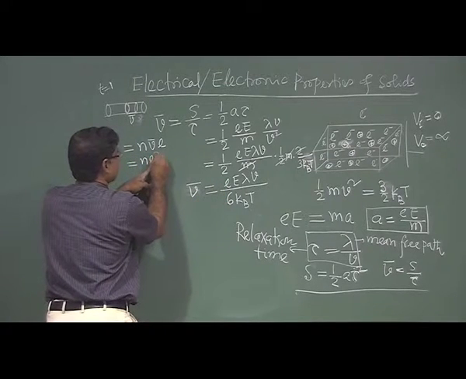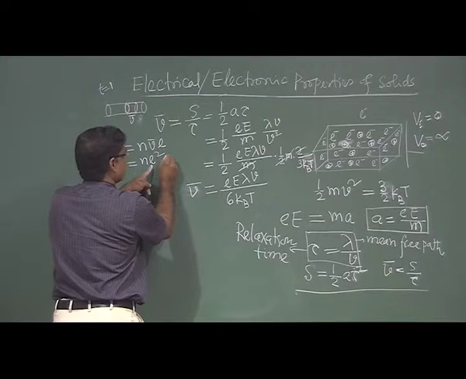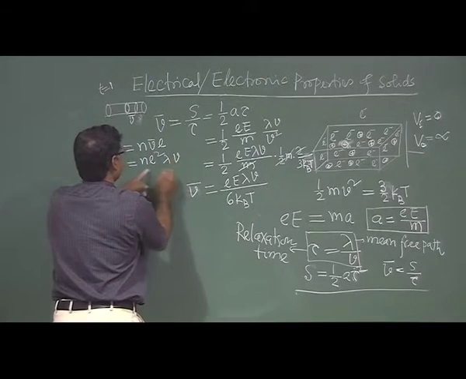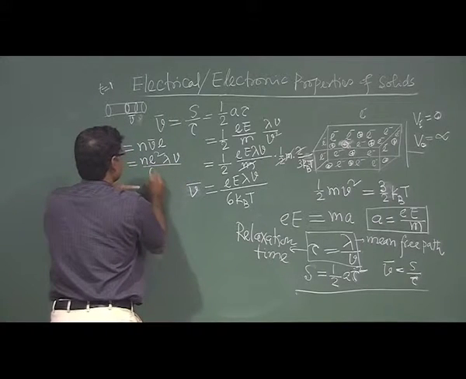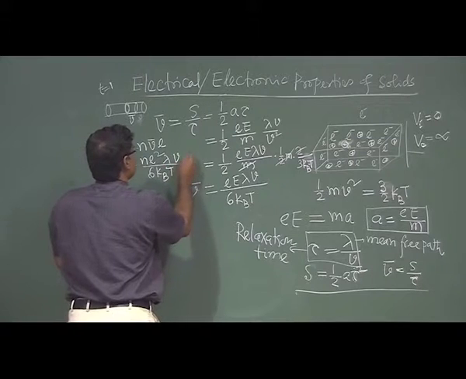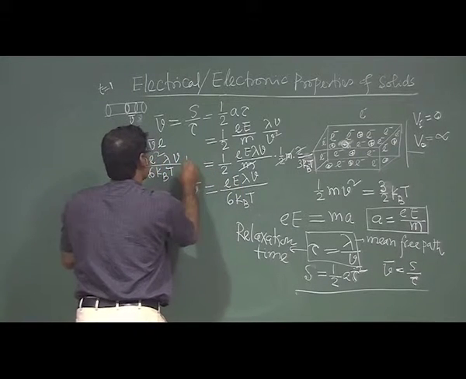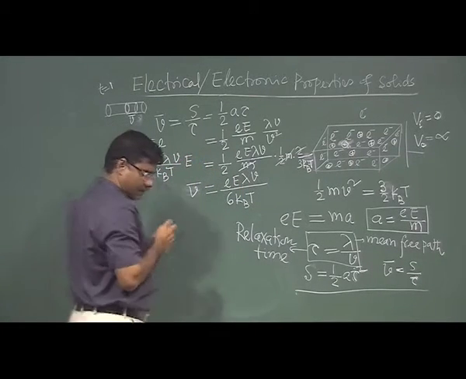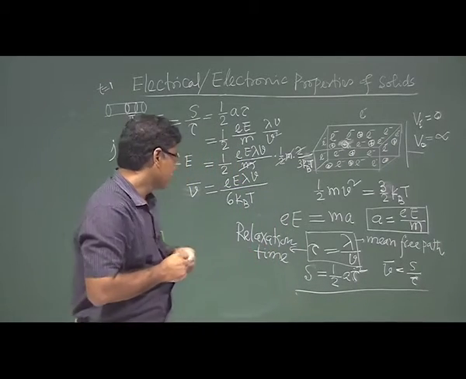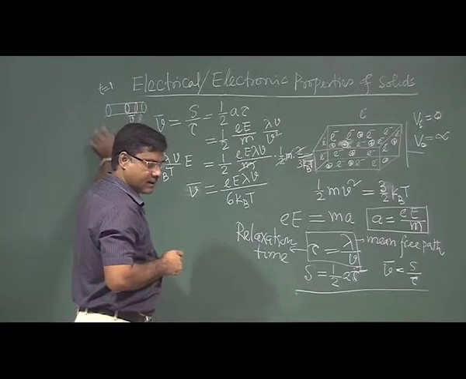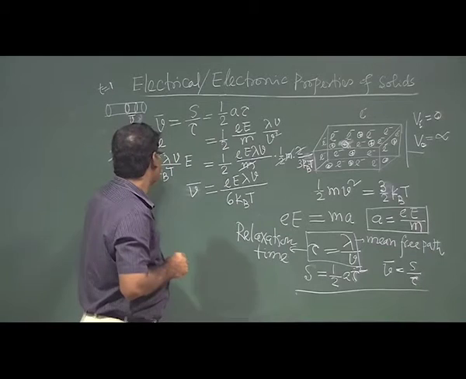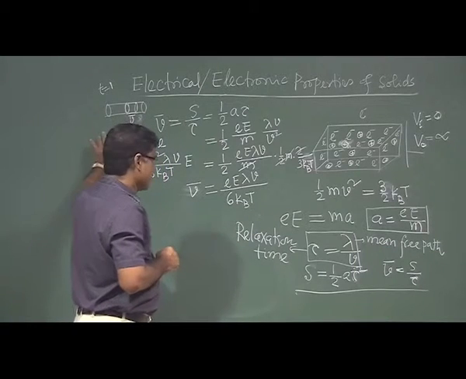So, I will write e square lambda v by 6 k B T into this E. Okay. So, this is the current density. I was telling charge density. So, charge density is n, and this is the current density.